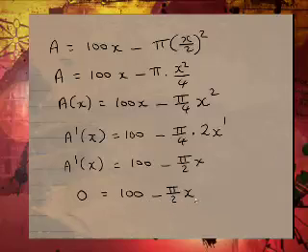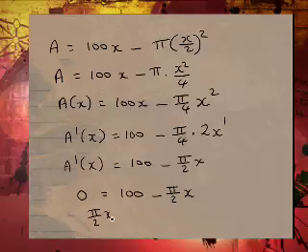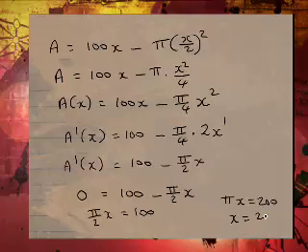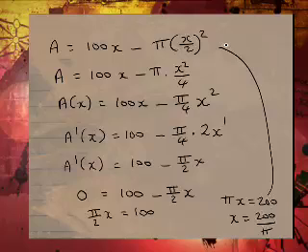So what if we have a look at that? Now all we can do is, I think I'm going to bring that pi over 2x to the other side. So I'm going to go pi over 2x is equal to 100. Okay, and multiply both sides by 2, giving me 200, and you divide by pi. Now once you've got that, all you do is substitute that back into there, and you can then get the value of the maximum area of this thing.